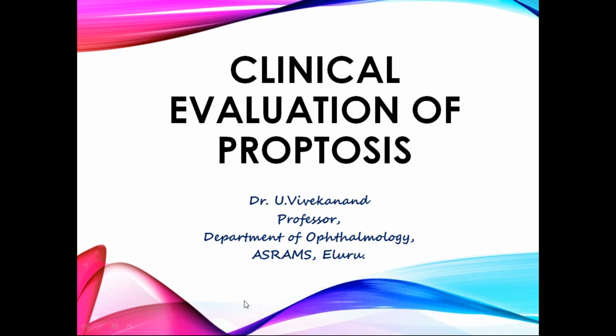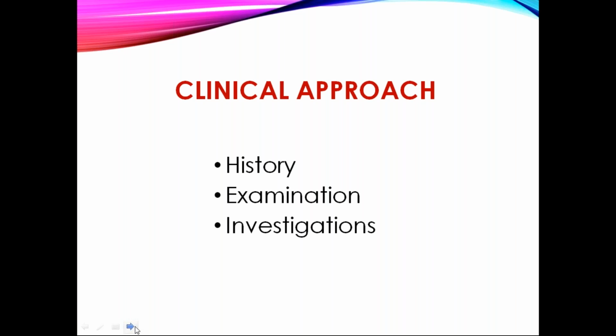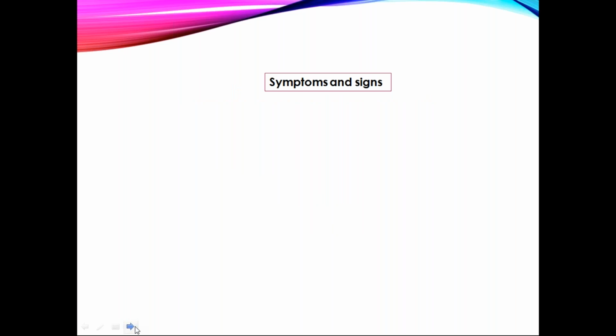So now, what are the most important clinical approaches which we have to take? We have to take three main important aspects: history, examination, and investigations. What is the important aspect in history which you have to take? The signs and symptoms, how long it has been, what is the duration, is it associated with pain, are there any associated signs?